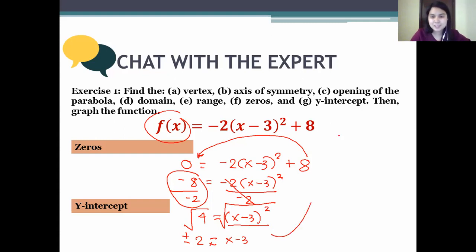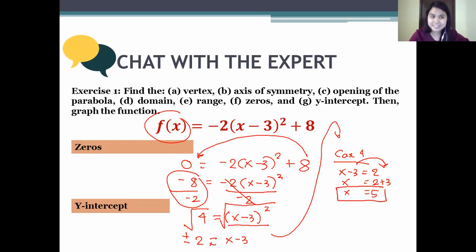Now, let's do case 1. Let's take the positive first. x minus 3 equals 2. Transfer. x equals 2 plus 3. So x equals 5. Next, in case 2, we take the negative.